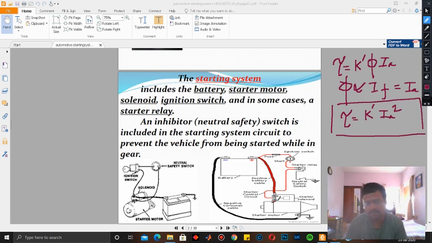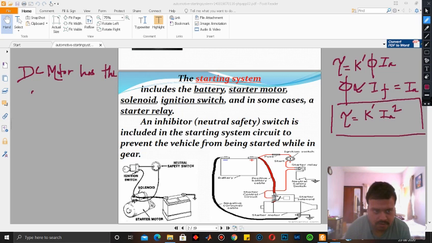And remember, a series motor is chosen above all the motors because, since it is square of the armature current, a DC motor has the ability to produce the highest torque.